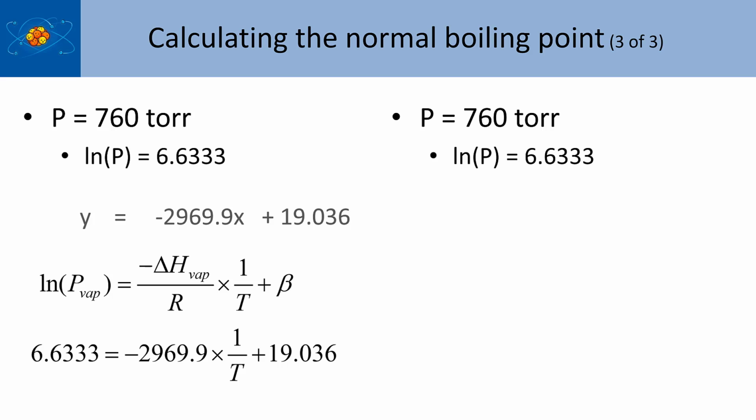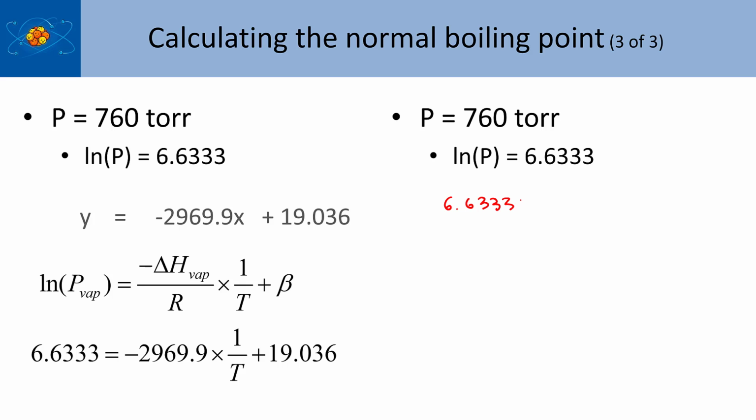So that's your y value. And then your slope divided by R, that's this value here. This is your slope, right? So then we know that we're looking for that temperature. So there's your temperature. And this is just the intercept of the graph. And then what you're left with is solving for the temperature, or 1 over T. So typically, the easiest thing to do is to do something like this.